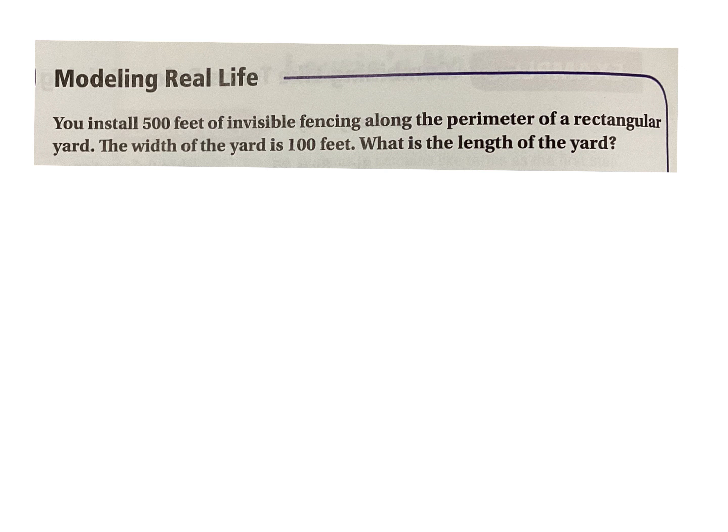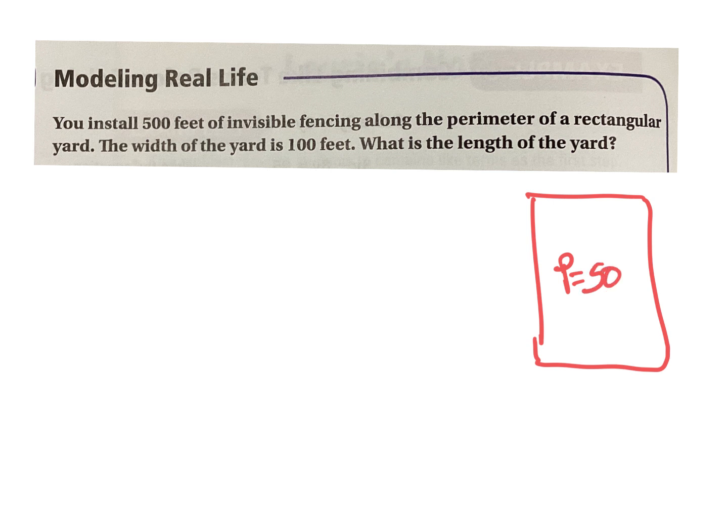Okay, so I'm going to draw a picture here. So rectangular yard, that's my fencing. I know the total perimeter is 500. And the width of the yard is 100 feet.